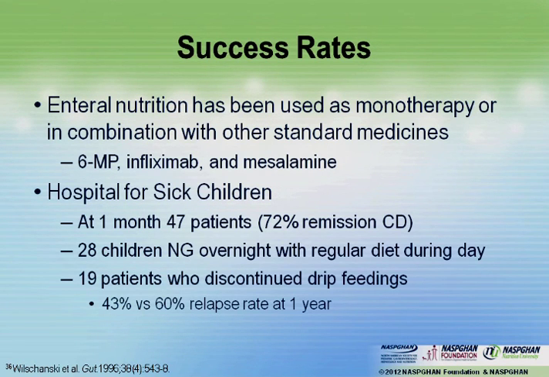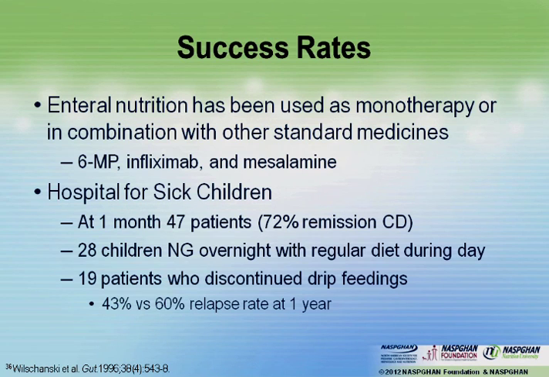So enteral nutrition has been used as monotherapy, as we see done in the UK, or in combination with other standard medications, including 6-MP, infliximab, and mesalamine. The Hospital for Sick Children, they looked at their cohort of patients, and 47 patients, or 72% of their patients with Crohn's disease, actually went into remission.